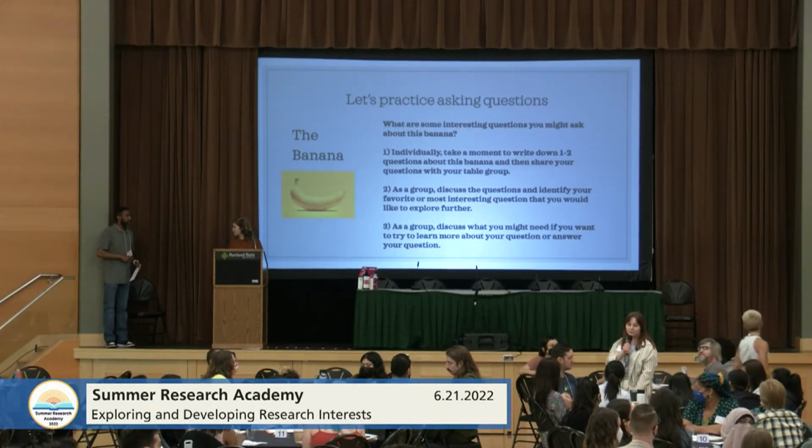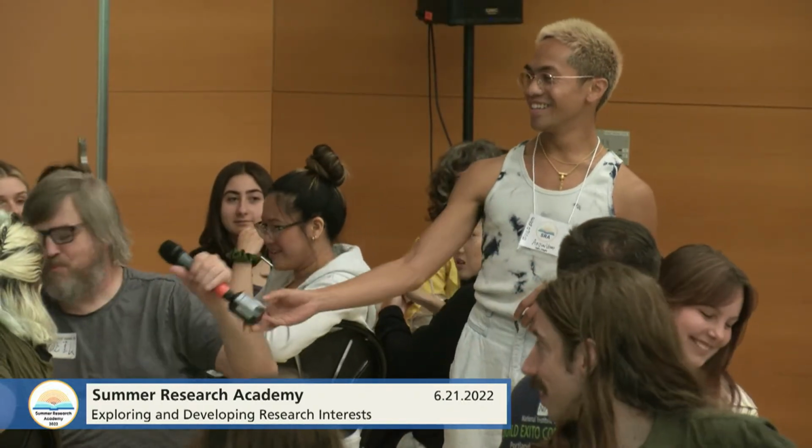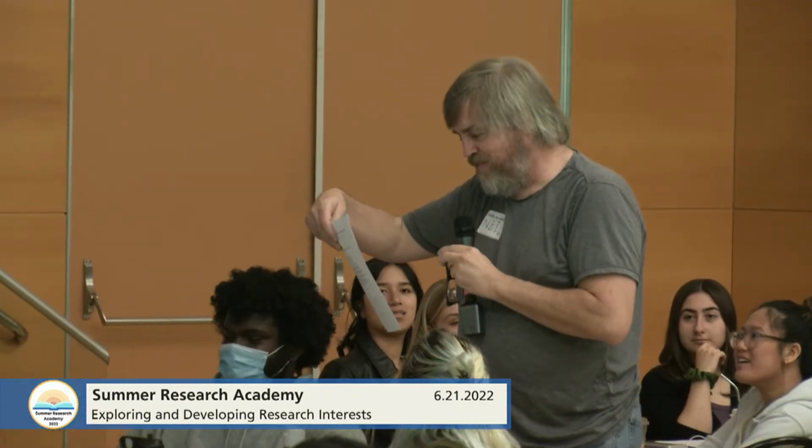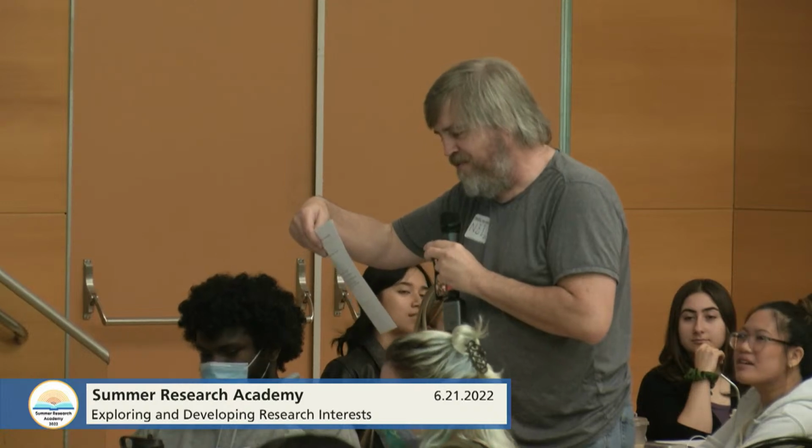How many more do you want? Why is it yellow and why is it shaped like that? I was curious about the question of facets.